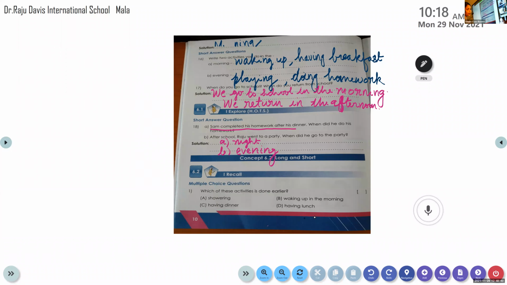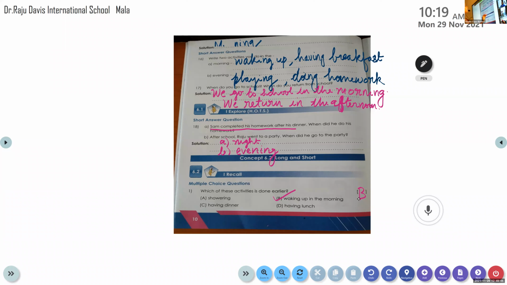Which one is earlier? Waking up in the morning. So you can put a tick mark for option B and write capital letter B inside the brackets. Finish. Okay, good.